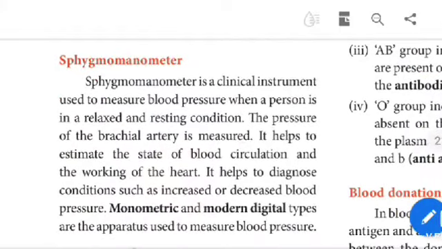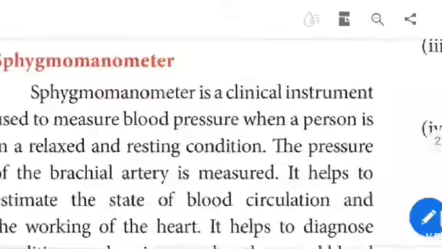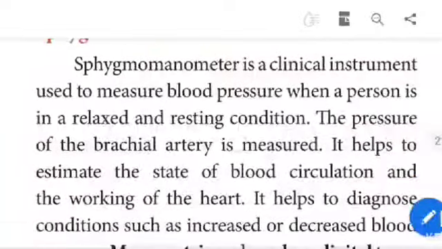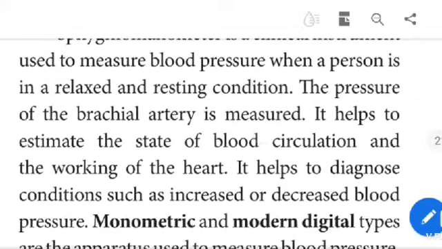Sphygmomanometer. The sphygmomanometer is a clinical instrument used to measure blood pressure when a person is relaxed. The pressure of the brachial artery is measured. It helps to estimate the state of blood circulation and the working of the heart.